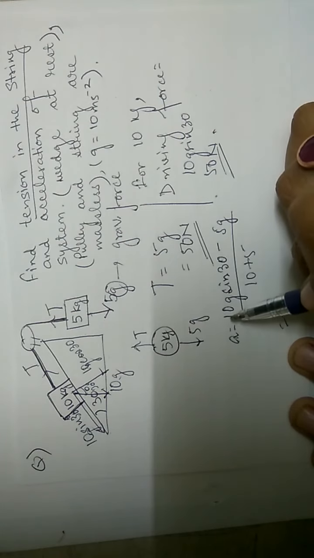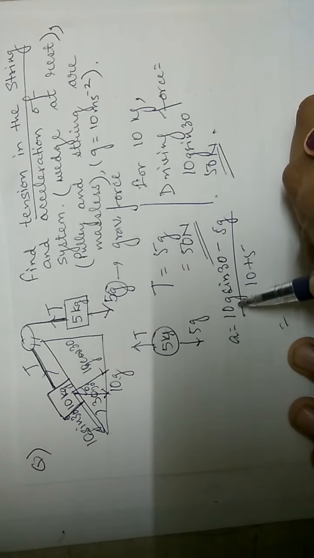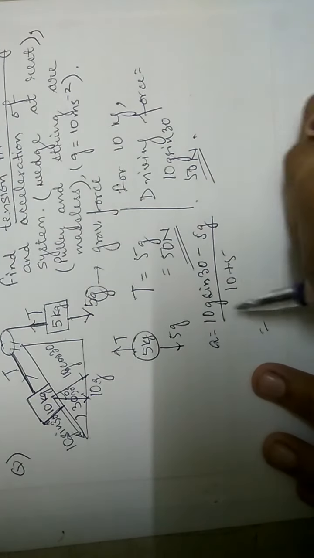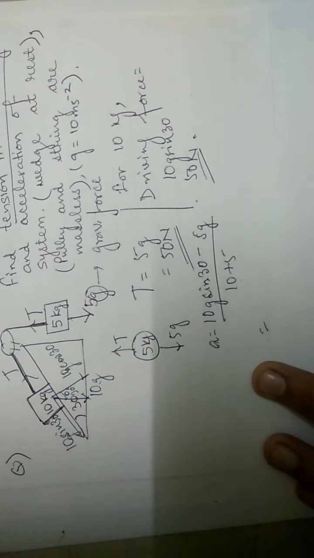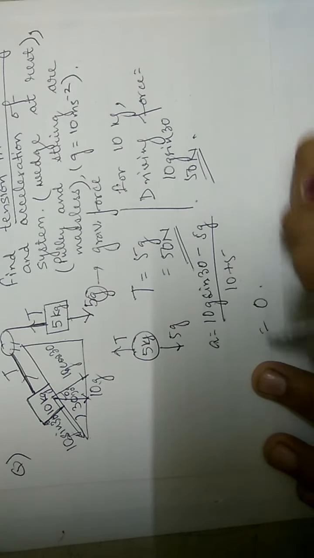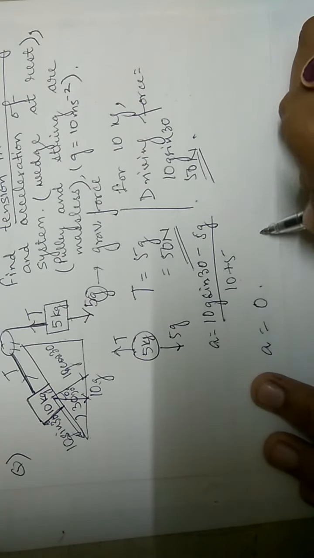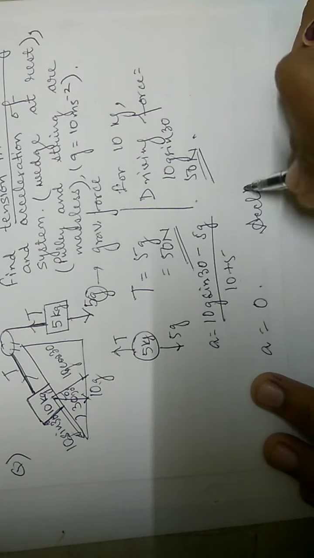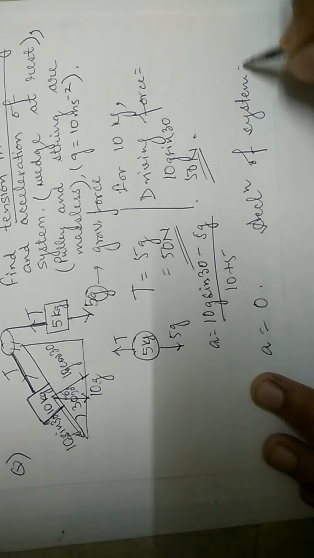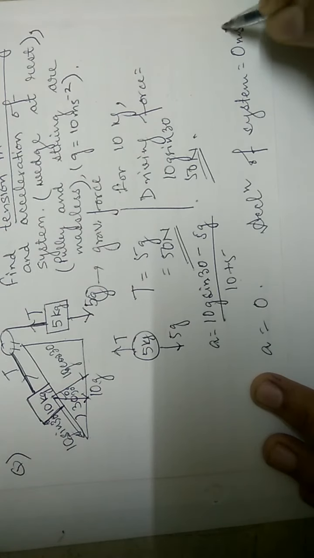What I did here is net pulling force by total mass. Now this net pulling force gives us the result as 0. So the acceleration of this system is equal to 0 meter per second square.